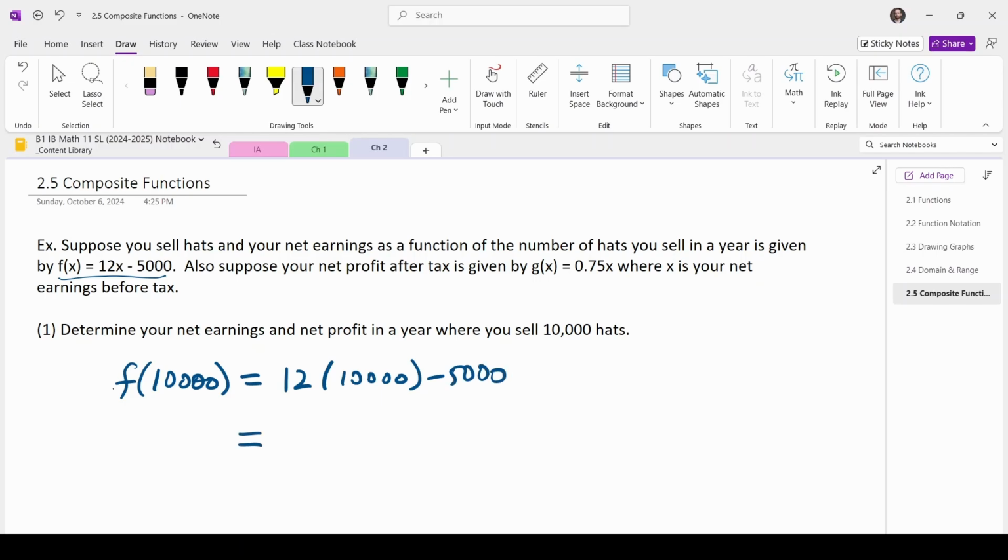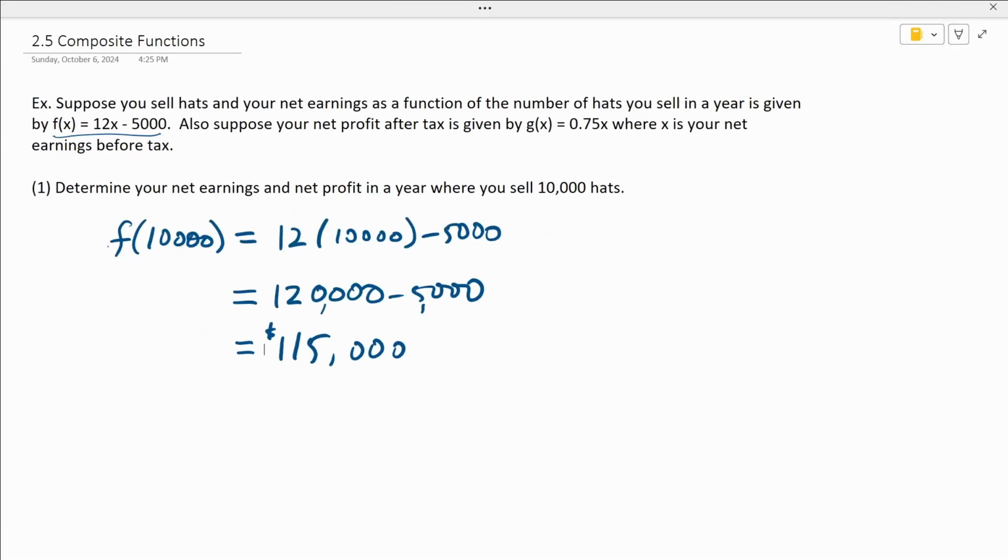So I would have 120,000 minus 5,000. So $115,000 would be my net earnings.